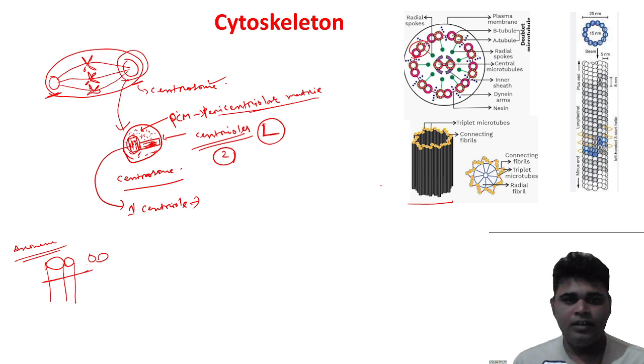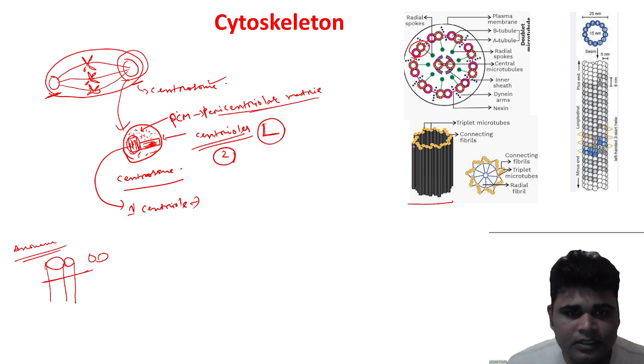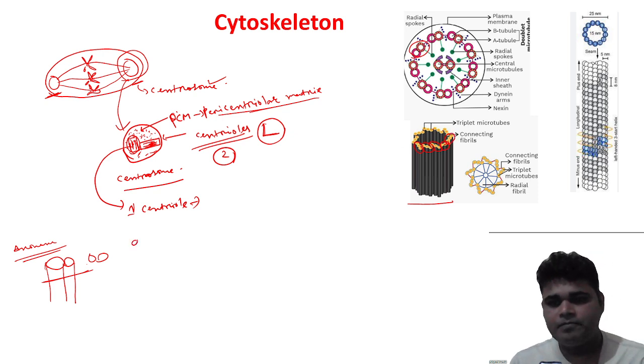So here three tubes are joined to each other, 1, 2, 3. Just like that, 9 peripheral structures are present.